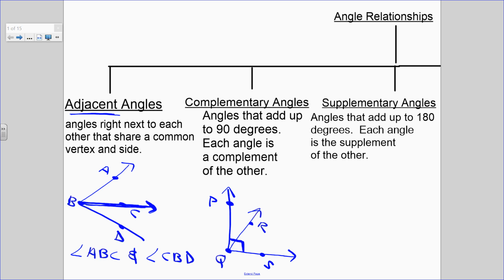Okay. So I'm going to write a little equation here. Angle PQR plus angle RQS is 90 degrees.